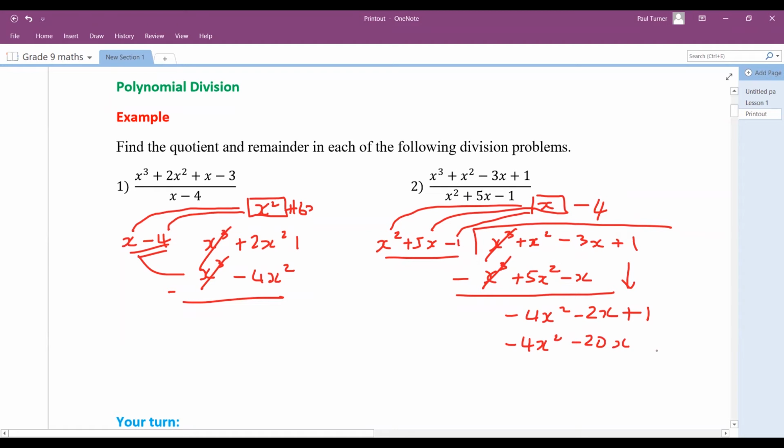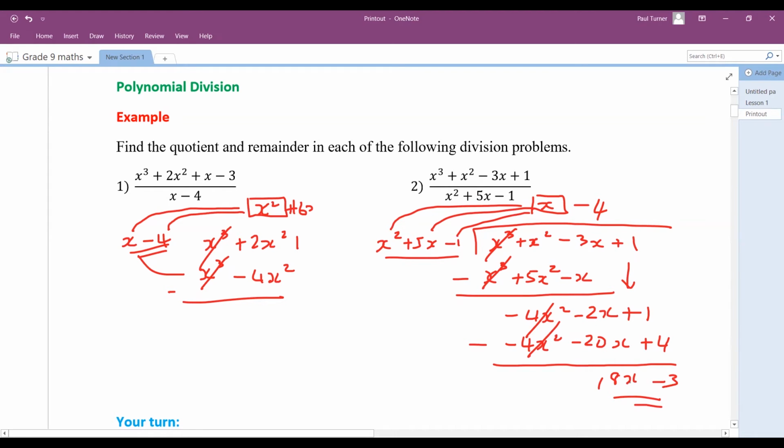Negative 4 times negative 1 is plus 4. All right, so negative 4 minus negative, this becomes plus. So if they're the same, they'll disappear. Minus 2 plus 20, that's 18x. 1 minus 4, negative 3. And you stop there, that's the remainder.